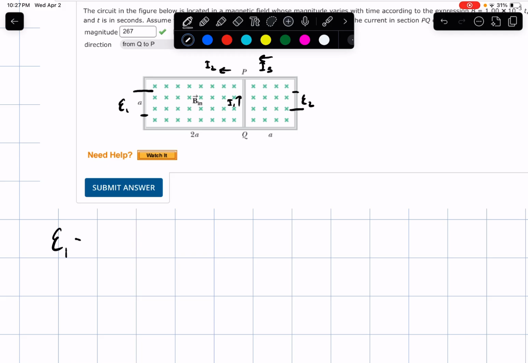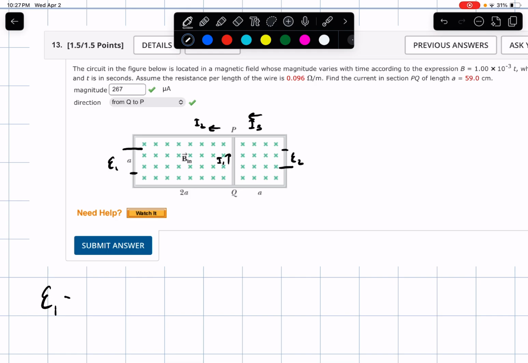On that left wire, the problem gives you resistance per length of wire, 0.096 ohms per meter. To get the resistance, you multiply it by the length of wire. Luckily, it also gives you the length a in the problem, and that's the length of wire throughout the circuit.